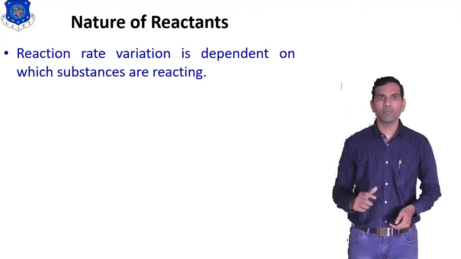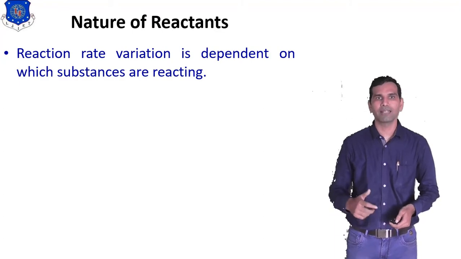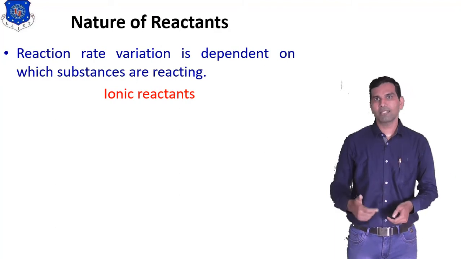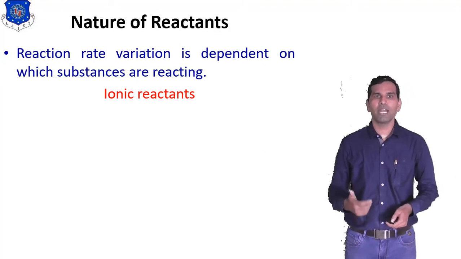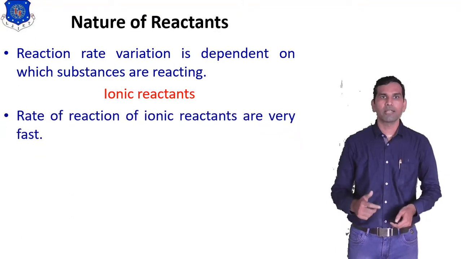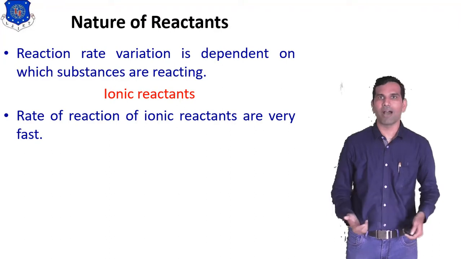The reaction rate variation depends on which substances are reacting. To understand this, we take one example. We take the ionic reactant. The rate of reaction of ionic reactants is very fast.